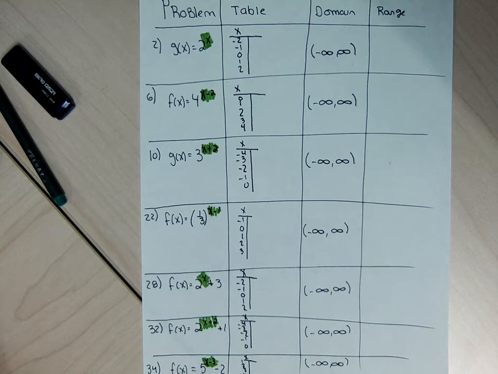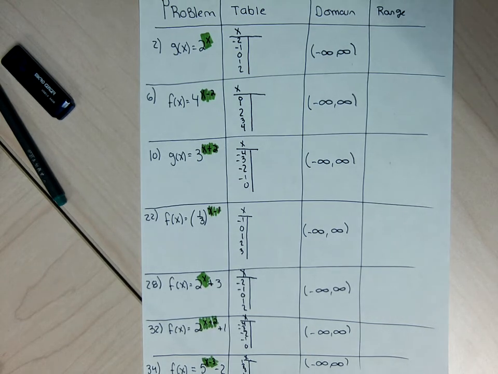The range isn't something I could explain so well without having a graph in front of me, but I can show you how to find the range real quickly. And then as we do the graphs, I'll try to show you graphically what the range is.